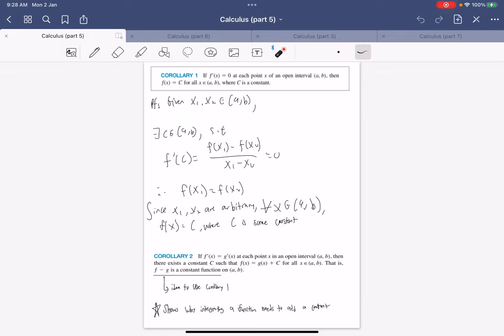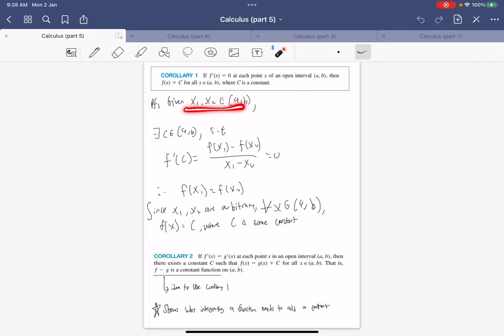And with that, we come to the corollary that if your derivative is 0 throughout, then the function is just equal to a constant function, and we don't need integration to prove this, but it actually comes from the mean value theorem.